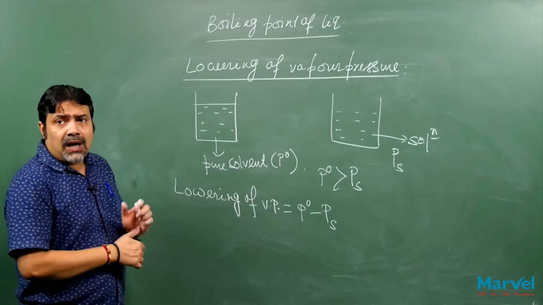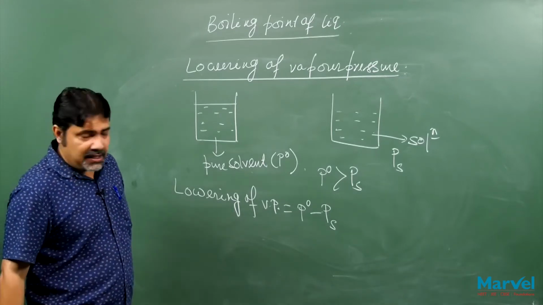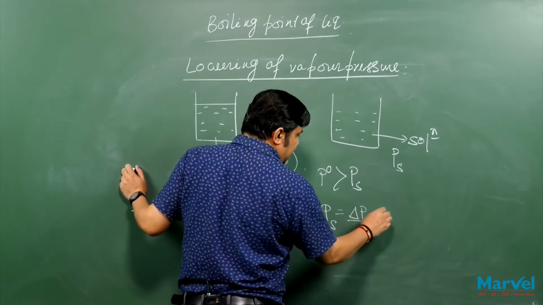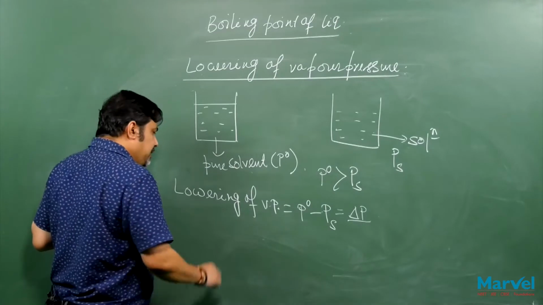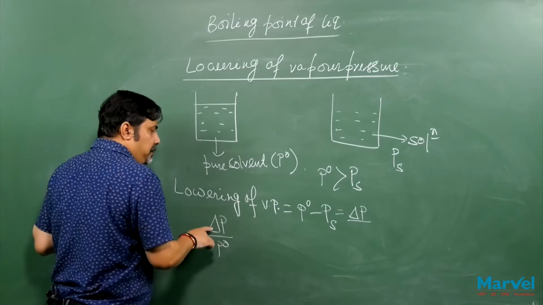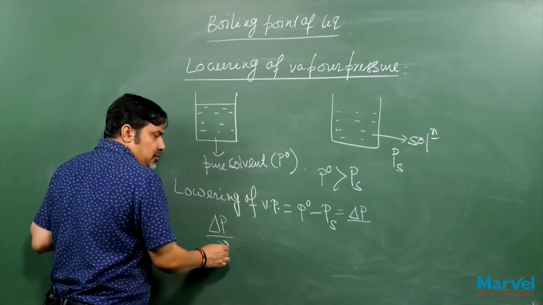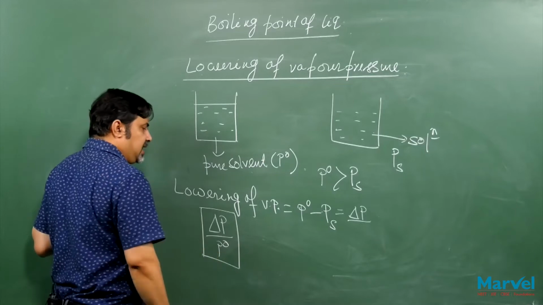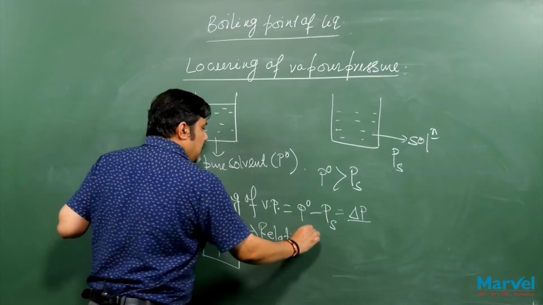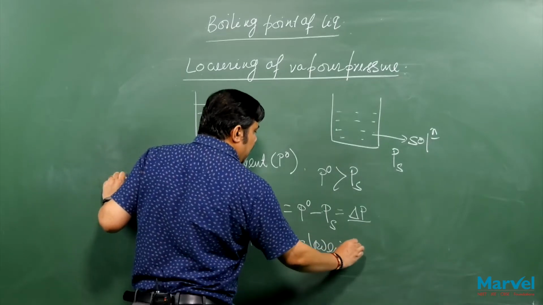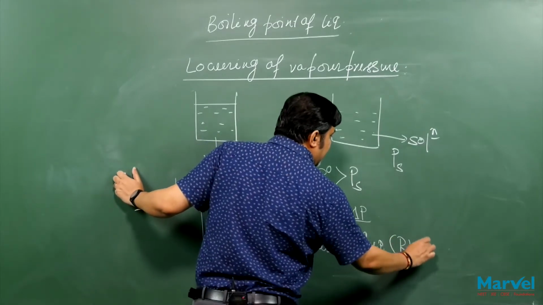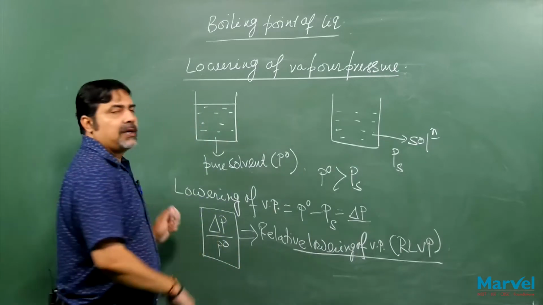And then what is relative lowering of vapor pressure? We can write this as delta P, and with respect to the original vapor pressure of a pure solvent, how much lowering is there, that is called the relative lowering of vapor pressure, or in short form RLVP.